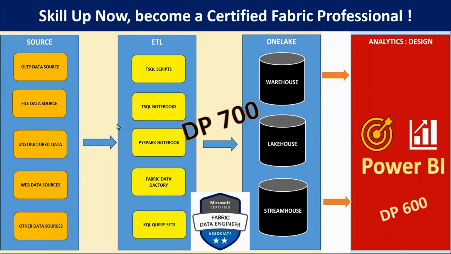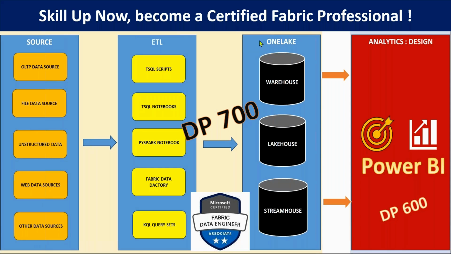I will be providing you various sources: OLTP data sources, file data sources, unstructured and structured data sources, web data sources, and others, such as APIs. We have something like Raspberry apps and other API services. From there, I'll practically show you how to read data using ETL and write it to the destination called OneLake.